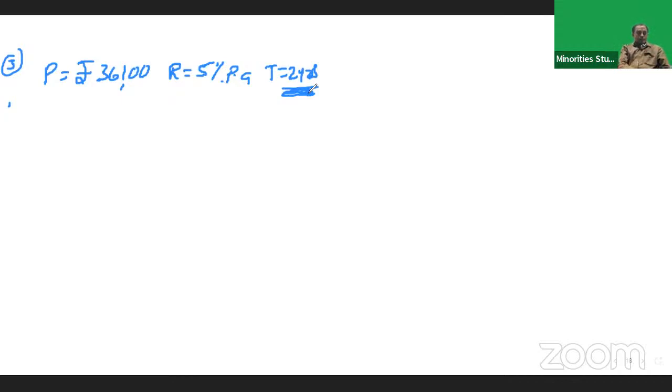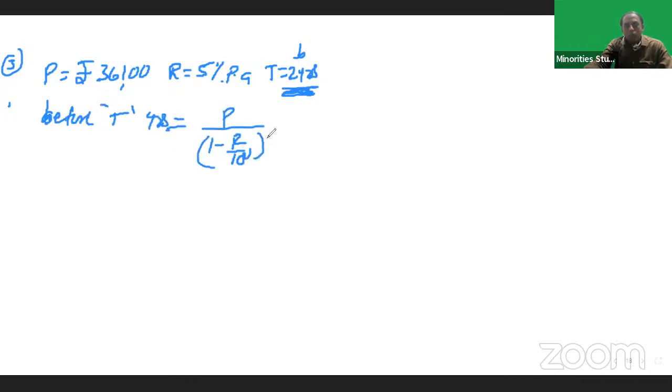Find the answer. The machine value before t years is equal to P divided by (1 minus r by 100) whole power t.